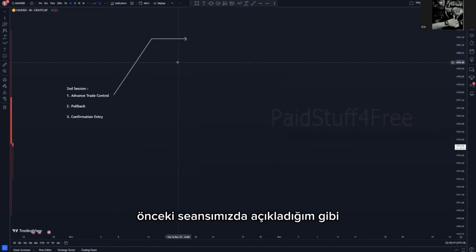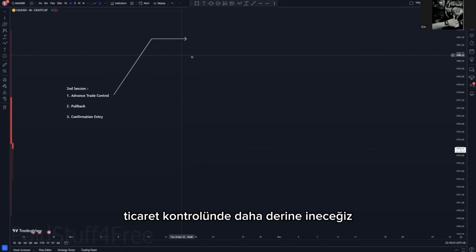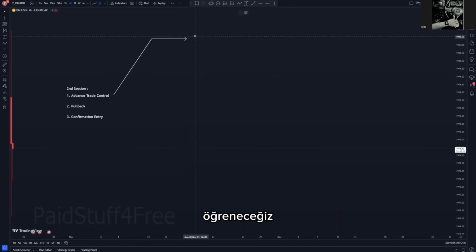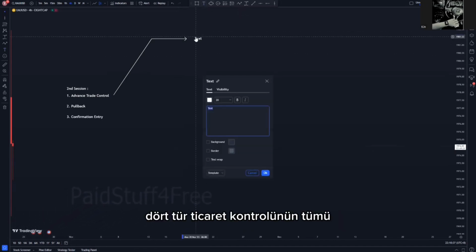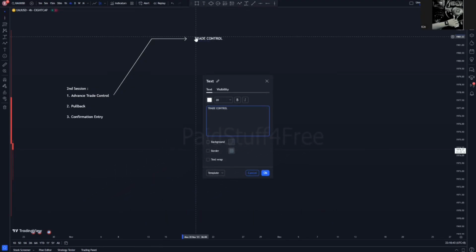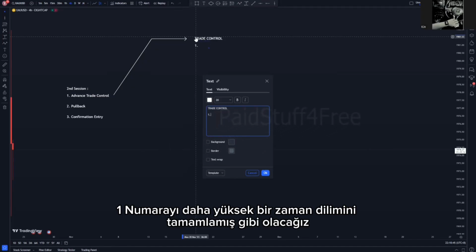As I explained in our previous session, our first session, how the trade control works and so on. Today in this session, we're going to go deeper on the trade control. We're going to learn all 4 types of trade controls. Number 1, completed high time frame.